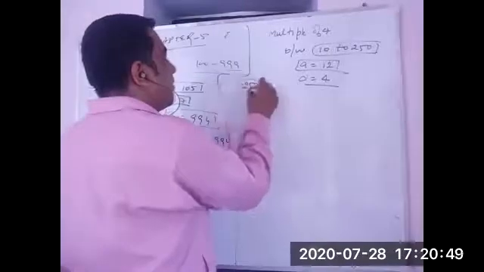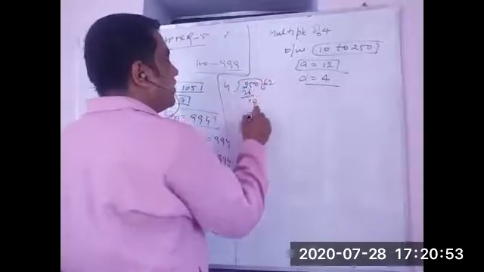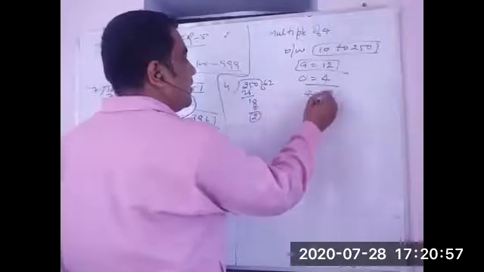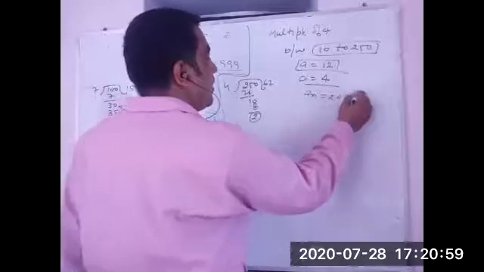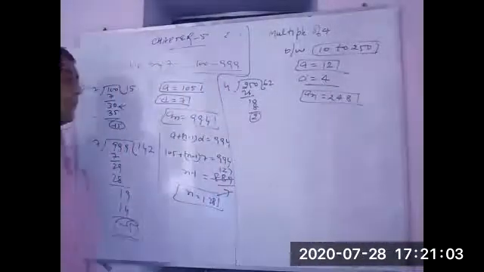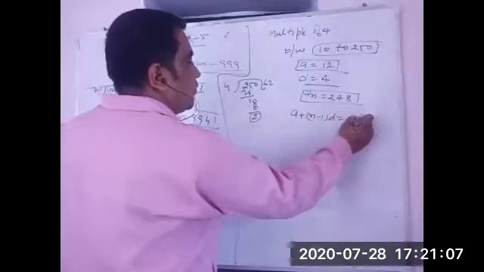250 divided by 4. 4 6 are 24, 1 0, 4 2 are 8. 2 will be subtracted, so the last term AN will be 248. Now the same formula we have to apply here. A plus n minus 1 D equal to 248.